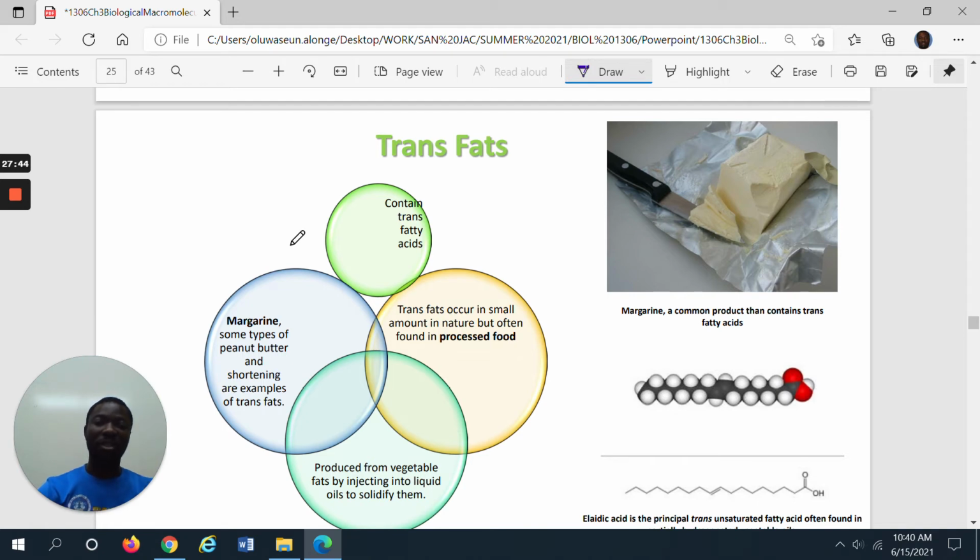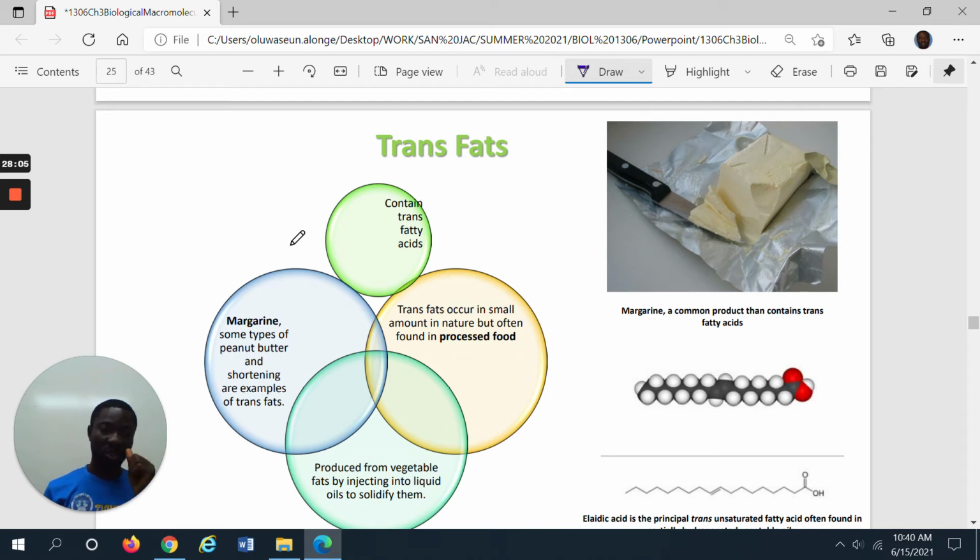Now, there's a little controversy about trans fat and saturated fat, about which one is more dangerous or more unhealthy. But trans fat adds to your cholesterol, which is fairly good, but when it becomes too much, it's not good.